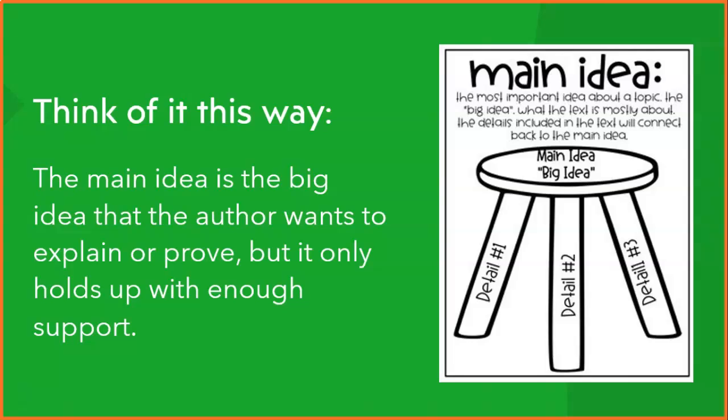So if the author's main idea is dolphins are affected poorly by global warming, they need at least 3 details to prove the ways that dolphins are negatively affected by global warming. If their main idea is that the character loves dogs, they need at least 3 details to help support the idea that the character loves dogs, whatever their main idea is.